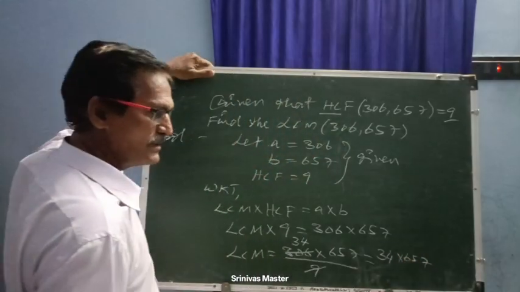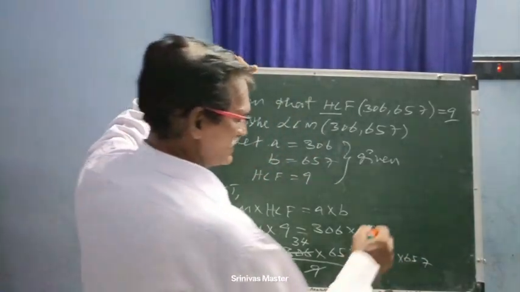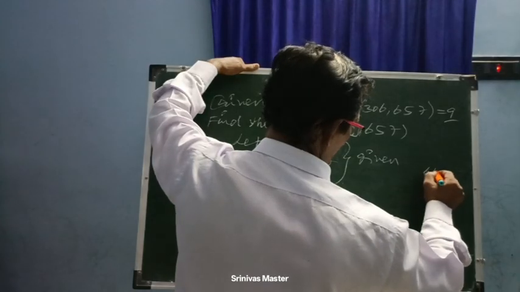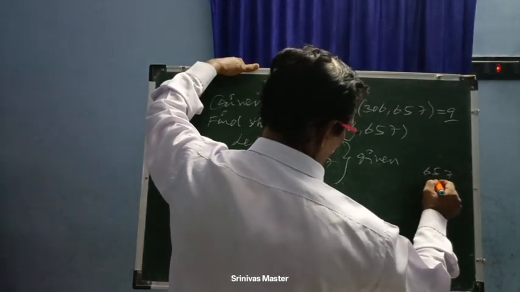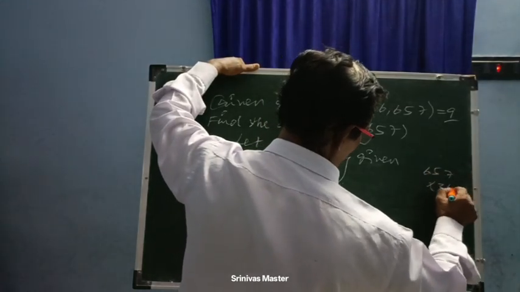Then multiply 657 into 34 in your rough column. 657 into 34.